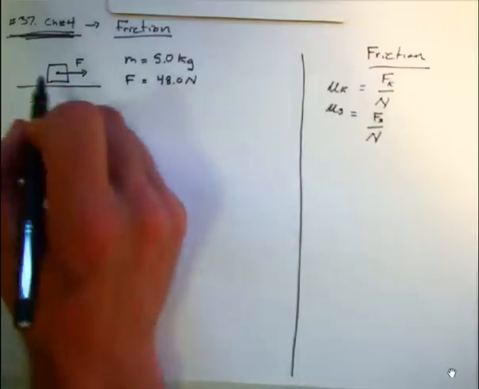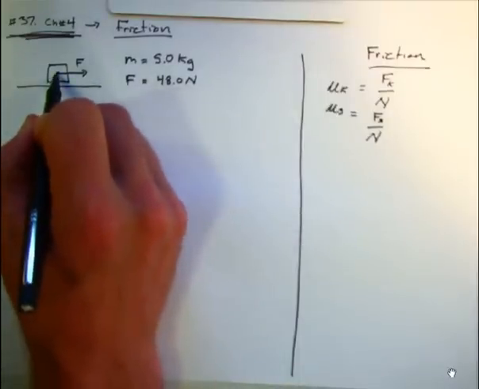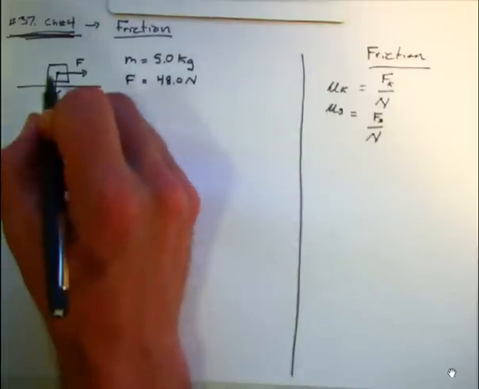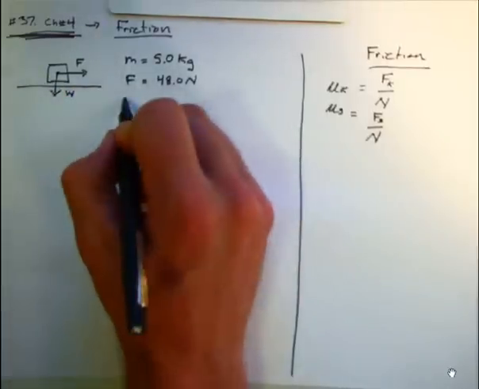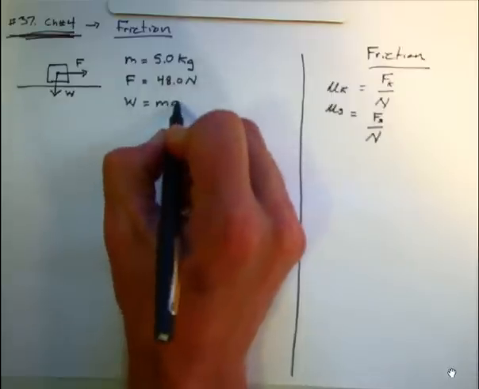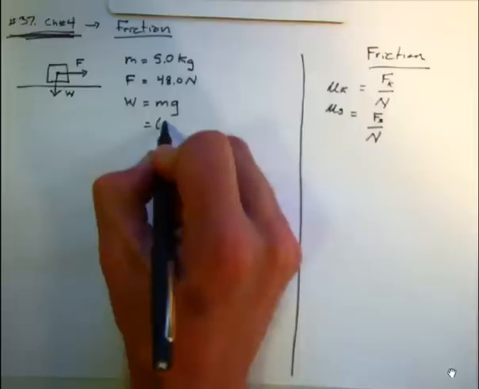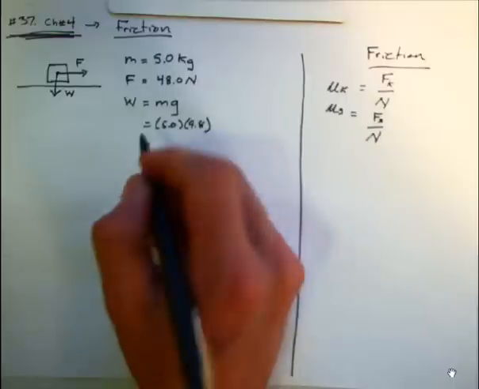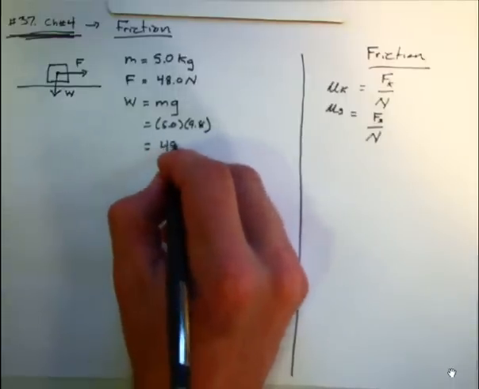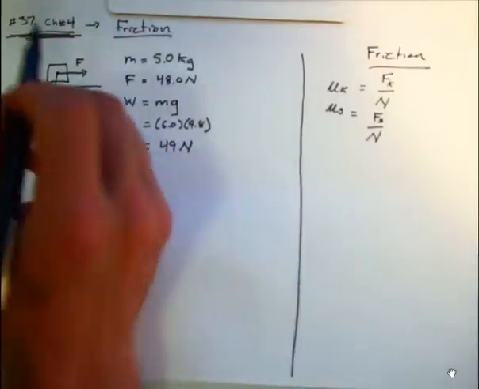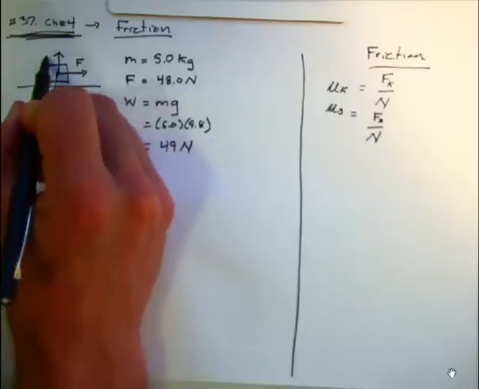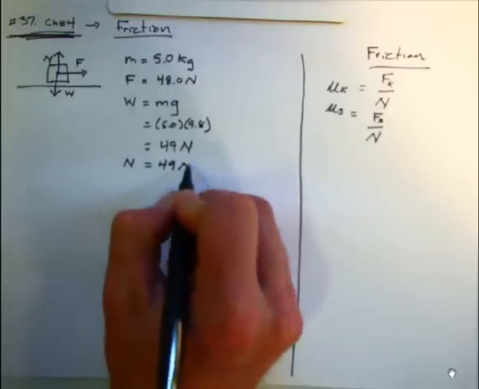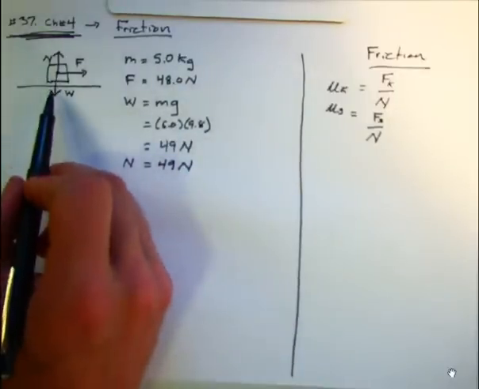Let's draw in other things that we would know. There would also be a weight, so let's label that in there. As we know by now, W would be mg, or 5.0 times 9.8, or 49 newtons. And there would also be a normal force, the upward force that a surface exerts.